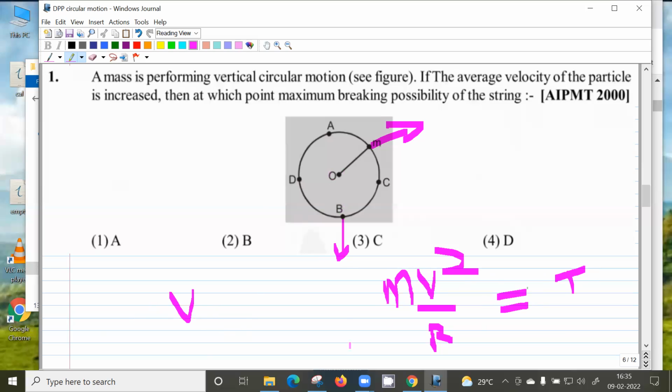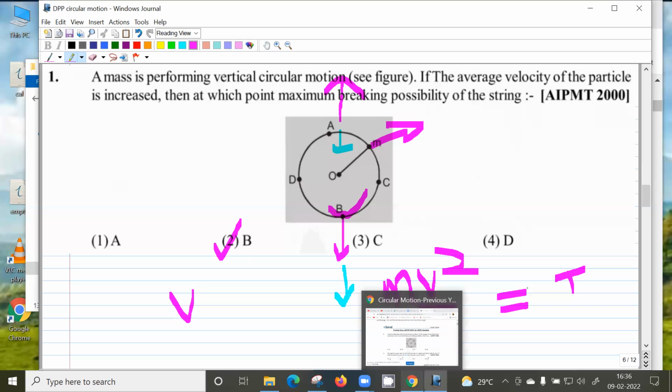So both will be worst at point B, because velocity is maximum at point B. So this centrifugal force is maximum at point B, and also the weight will be in the downward direction, opposing the tension. In here, the weight will be downwards, and mv square by r will be outwards, and the velocity is also less. So maximum tension is at point B, minimum tension is at point A. So possible string breaking is more at point B.